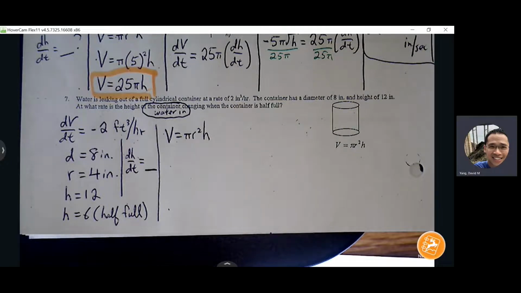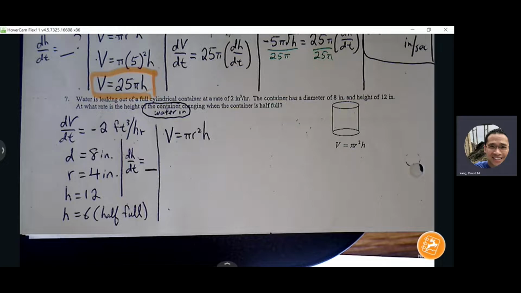Okay, so number 7. Water's leaking out of the container at a rate of 2 cubic inches per hour. I know that's volume related, so cubic inches is volume, hour is time, dV/dt. Water is leaking out, so we want that rate to be negative, so negative 2 cubic inches per hour. Okay, the container has a diameter of 8 inches.